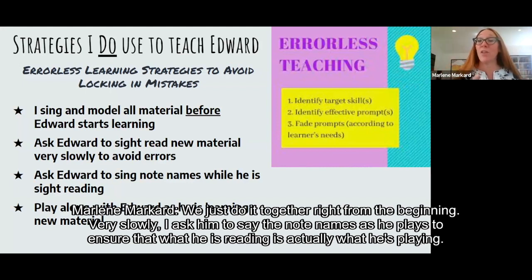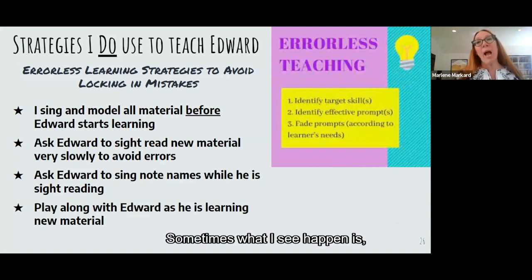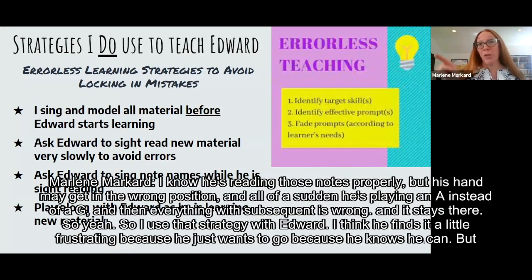I ask him to say the note names as he plays to ensure that what he's reading is actually what he's playing. Sometimes I know he's reading those notes properly, but his hand may get in the wrong position, and all of a sudden he's playing an A instead of a G, and then everything subsequent is wrong, and it stays there. So yeah, I use that strategy with Edward.